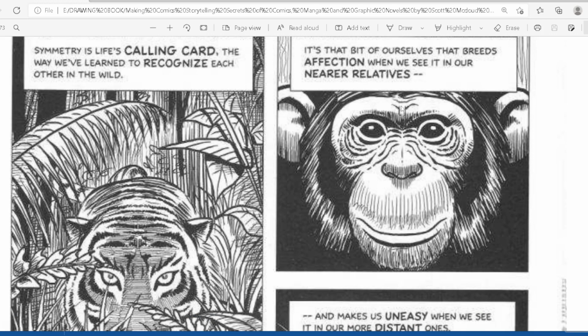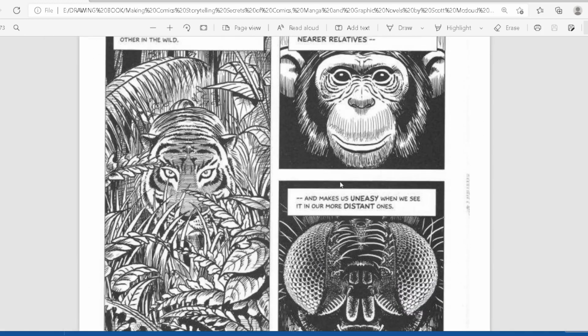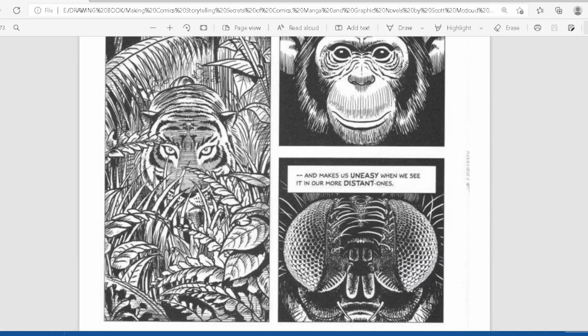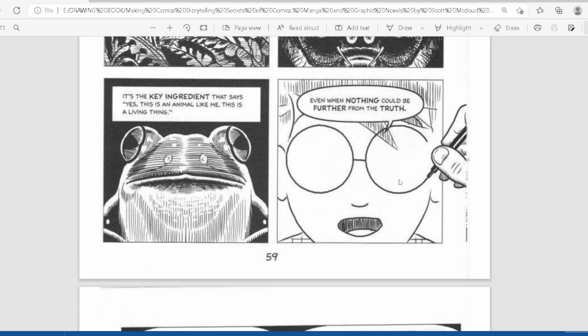It's that bit of ourselves that breeds affection when we see it in our nearer relatives, and makes us uneasy when we see it in our more distant ones. It's the key ingredient that says, yes, this is an animal like me, this is a living thing, even when nothing could be further from the truth.